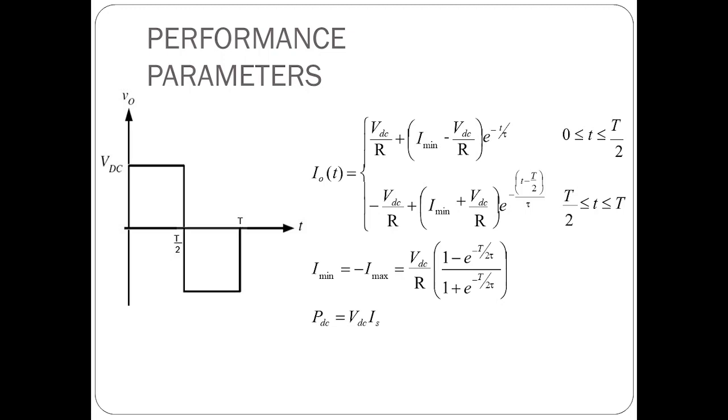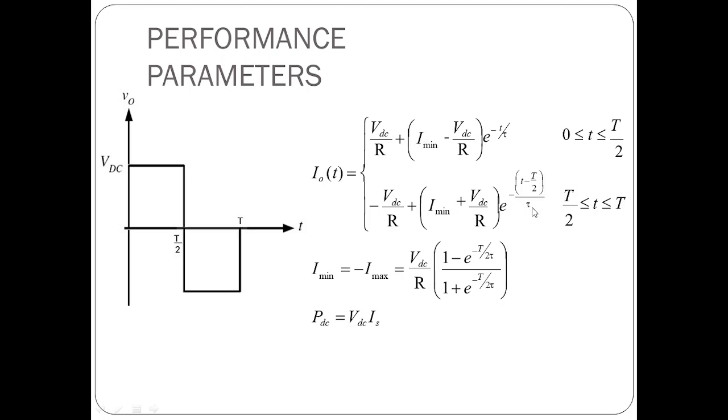For the time range 0 to T by 2, one type of waveform appears, and for T by 2 to T, the other waveform occurs, and the current formula is given by minus VDC by R plus I minimum plus VDC by R, into e power minus (t minus T by 2) by tau.